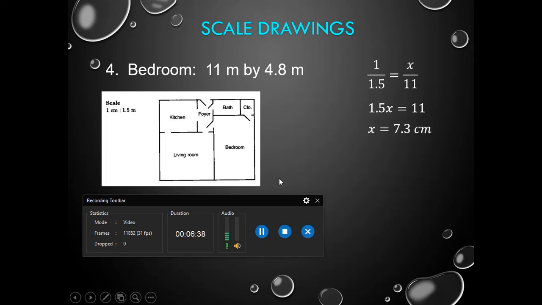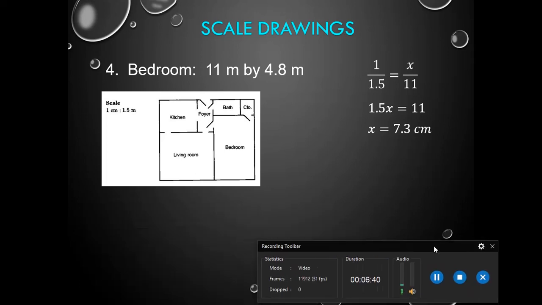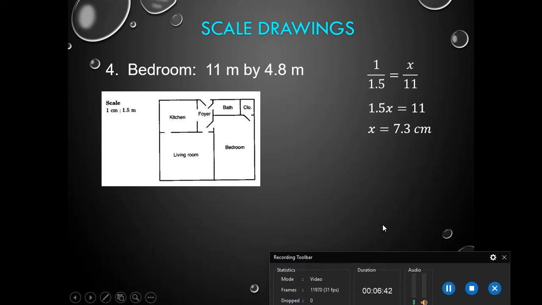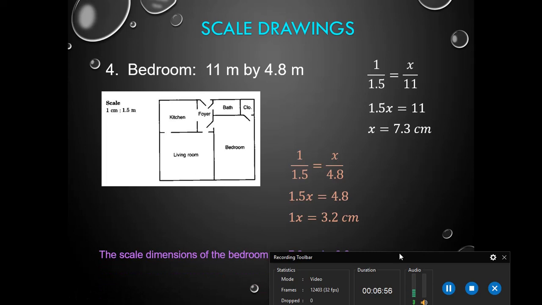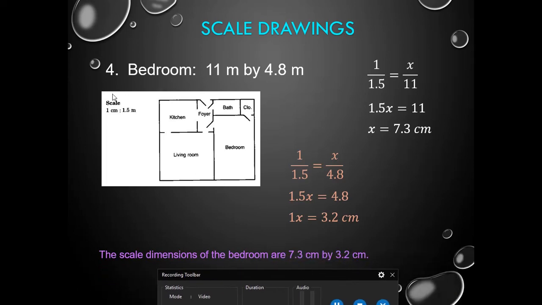So one of the dimensions is 7.3 centimeters. Our last conversion is 4.8 meters. Again, it's matched with the meter dimension. We'll cross multiply and divide. So we found the scale dimensions for this plan, 7.3 centimeters by 3.2 centimeters.